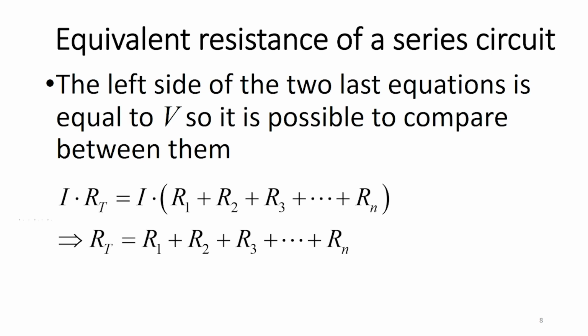I times RT equals I times, in parentheses, R1 plus R2 plus R3 plus Rn. And if we divide both sides of the equation by I, we get that RT equals R1 plus R2 plus R3 plus Rn, which is a proof of the equation we saw before.